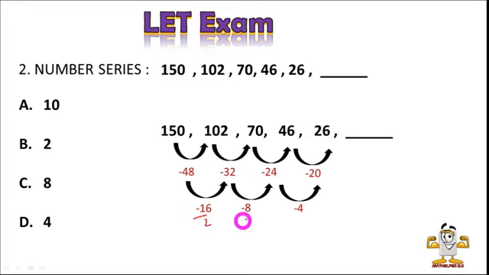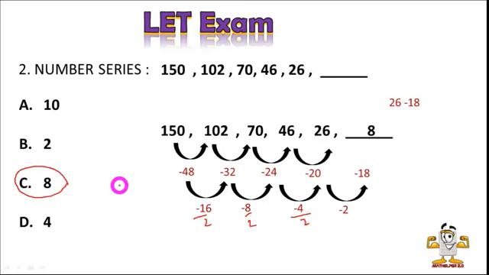So, 16 divided by 2 is 8. 8 divided by 2 is 4. Dito, mag-divide din tayo ng 2, so, magiging 2. So, 20 minus 2 is 18. So, mag-subtract din tayo dito is 26 minus 18 equals 8. So, the correct answer is letter C.